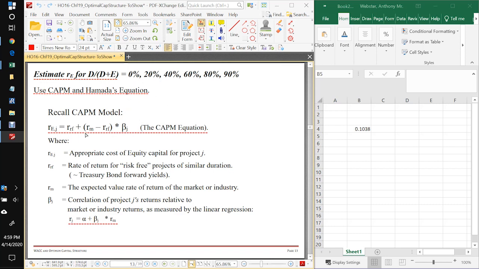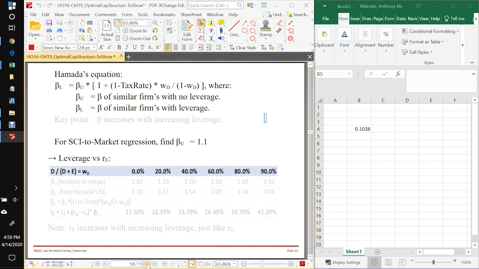You can see in this equation, nothing else has anything to do with the leverage of the firm we're considering. The risk-free rate in treasuries doesn't care. The total market rate doesn't care. So we have to account for the leverage increasing this equity cost of capital through beta. And that's what Hamada's equation does.